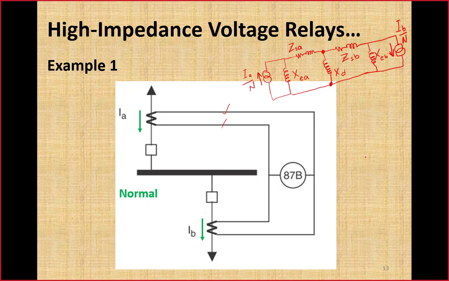During normal condition, this would be the path for the flow of current in the equivalent circuit, from this ideal source through these series branches and through this ideal current source.